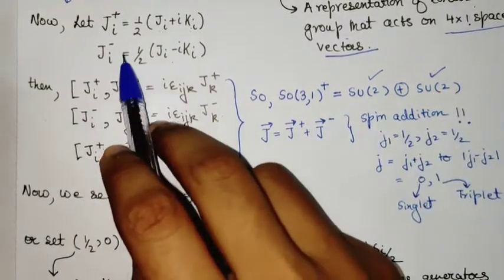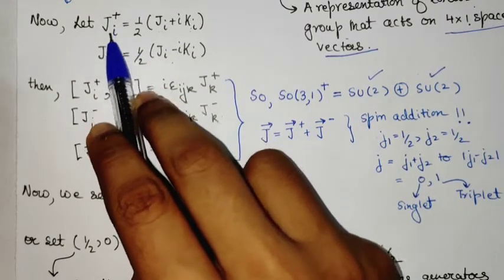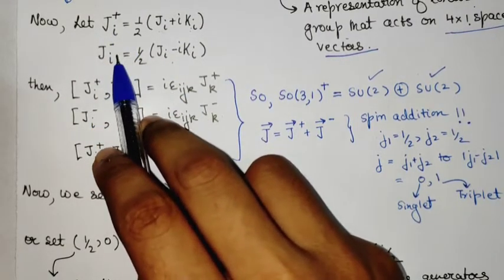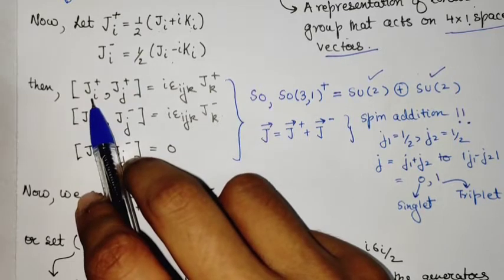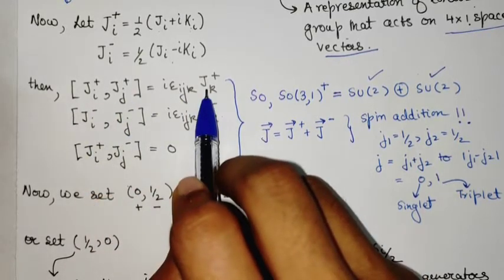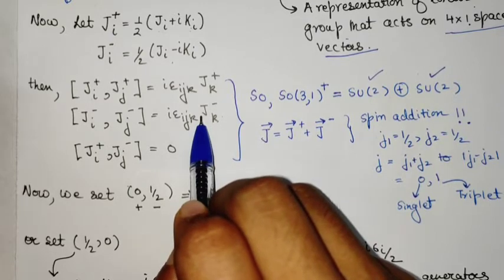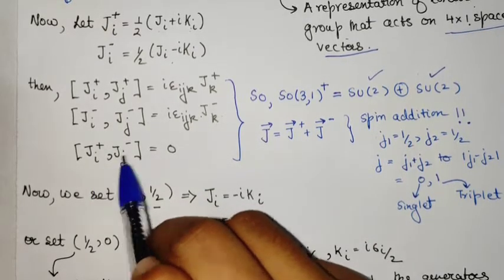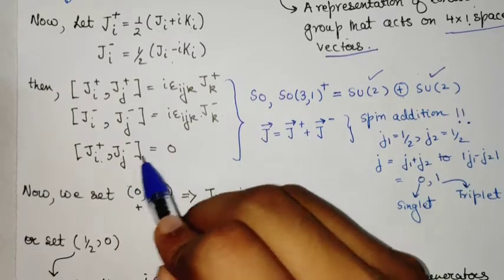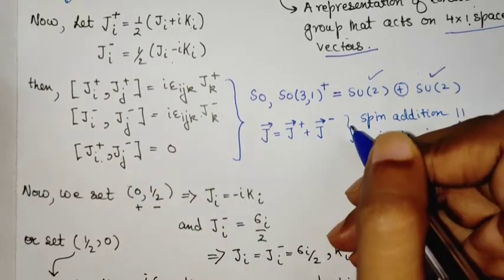Because you see, this is one SU2 element, this is another SU2 element, because precisely this is an SU2 algebra property, this is also an SU2 algebra property. And further, there is a direct product because they commute with each other.